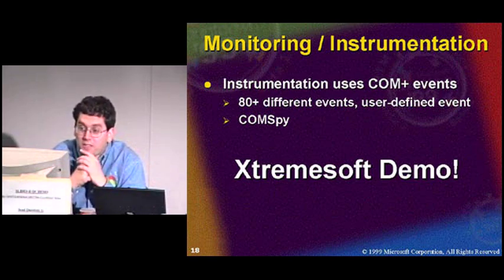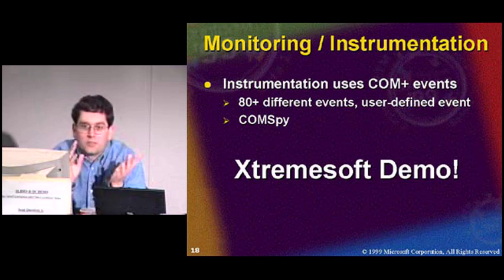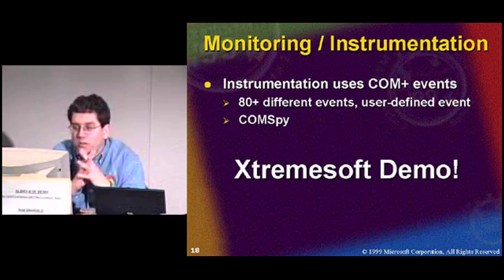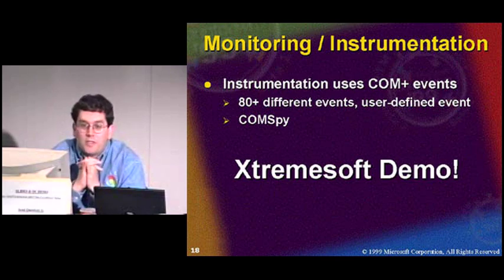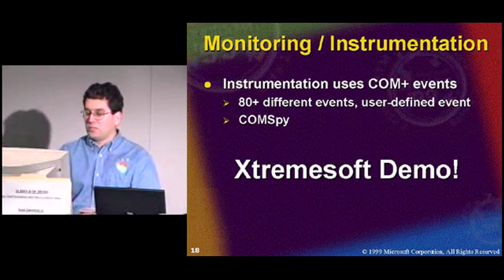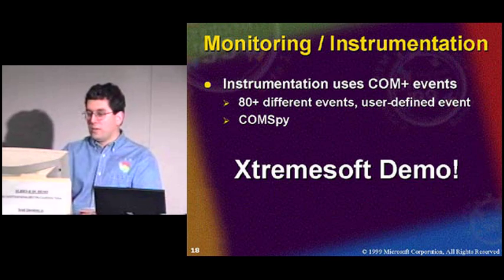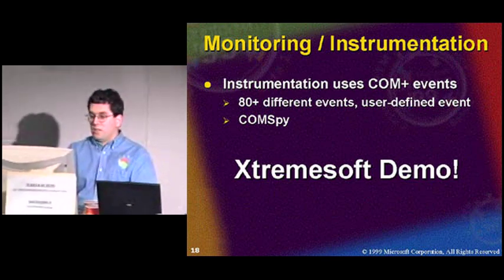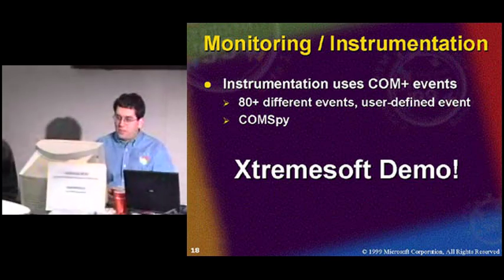There are more than 80 different events like transaction aborted, committed, method call enter, method call leave, etc. Very, very granular information that's being provided, and that can be seen using an SDK tool, ComSpy. It's possible to write monitoring applications that target this, application-specific or generic. And actually today I'm glad we have Scott here, who is working for ExtremeSoft. He's going to talk about how ExtremeSoft is using this instrumentation to provide monitoring capabilities.